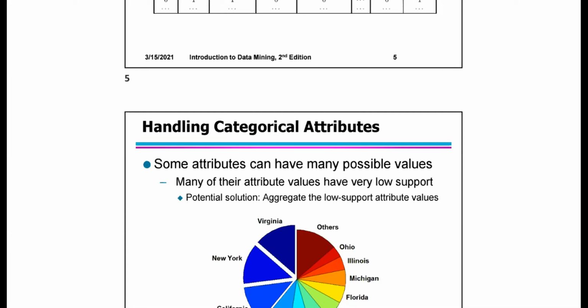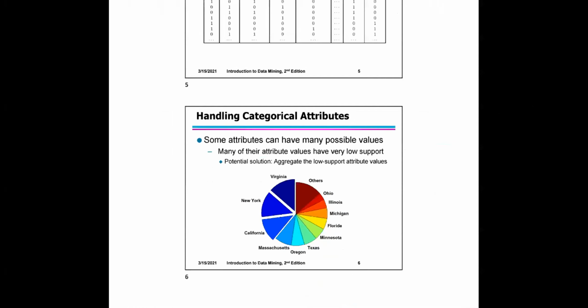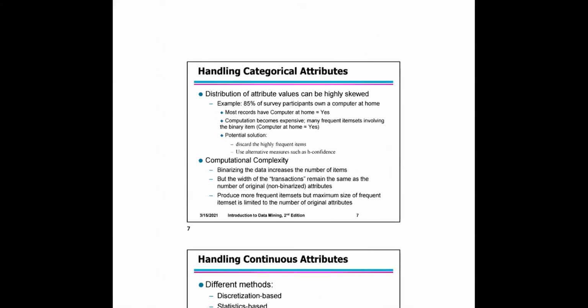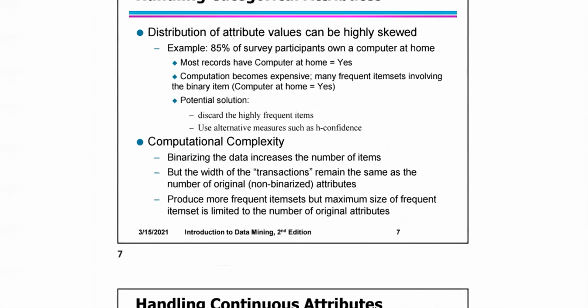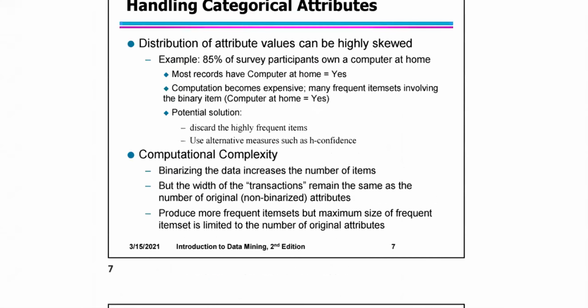So let me show how to handle categorical attributes, given the distribution of attribute values from high to low and the computational complexity. In categorical attributes, the distribution of attribute values can be highly skewed.